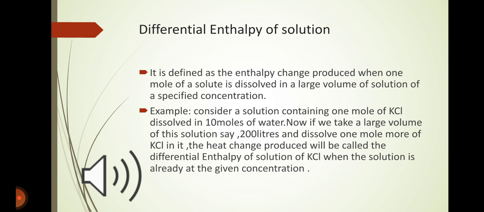For example, a solution containing 1 mole of KCl dissolved in 10 moles of water. Now if we take a large volume of this solution, say 200 liters, and dissolve 1 mole more of KCl in it, the heat change produced will be called the differential enthalpy of KCl when the solution is already at the given concentration. That enthalpy change is called the differential enthalpy of solution.